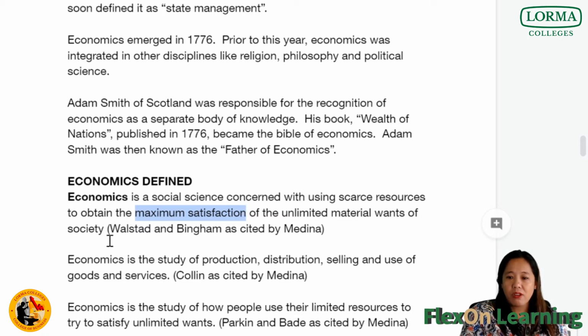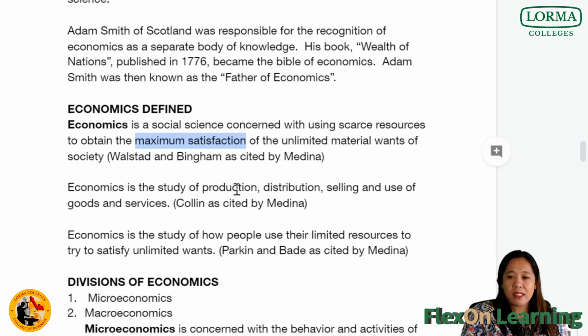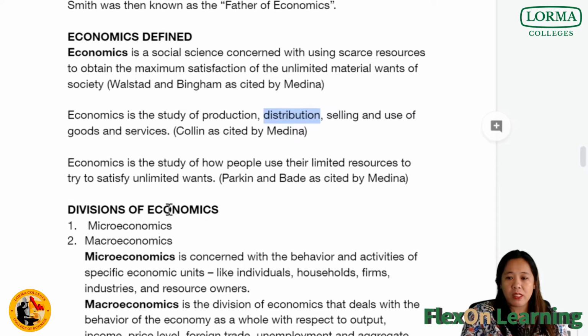Okay, so another is economics is the study of production, the way we produce goods and services, the distribution, how it is being consumed by people, selling and use of goods and services. Okay, but my favorite is this one. Economics is the study of how people use their limited resources to satisfy their unlimited wants.